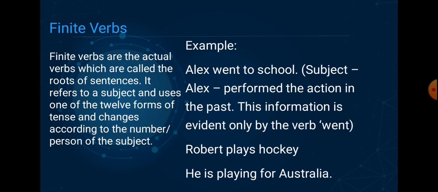What is finite verb? Finite verbs are actual verbs which are called roots of sentences. They are attributed to a subject, use one of the 12 forms of tenses, and change according to the number and person of the subject.